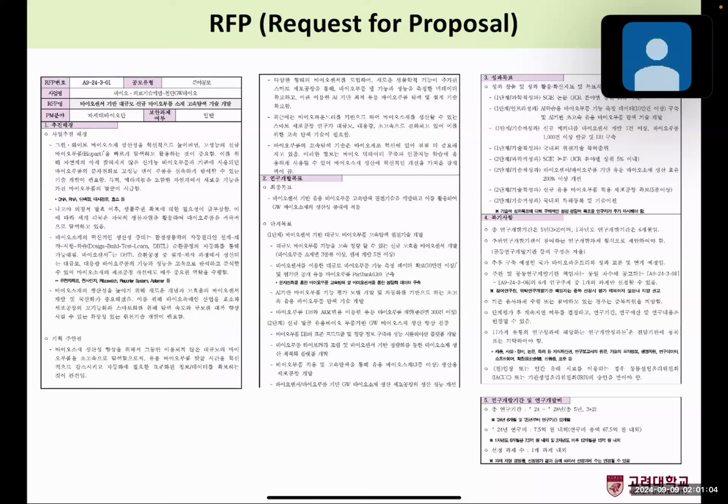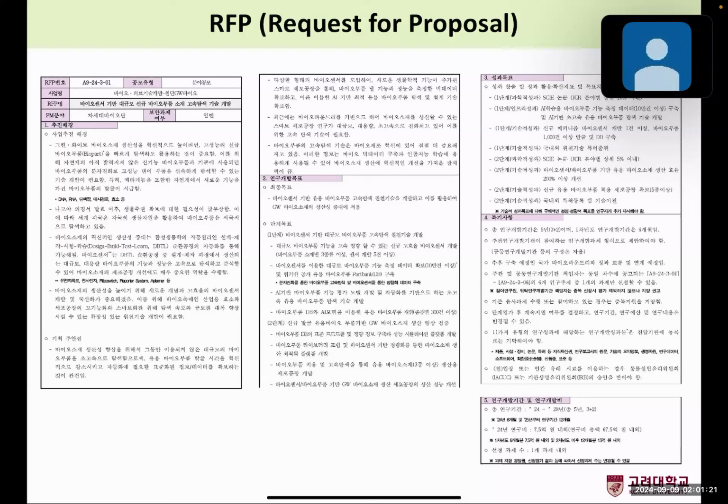So when you take a look into the grant opportunities, then you will see RFP. RFP is a request for proposal. So this is where all the information necessary for writing a proposal is included.